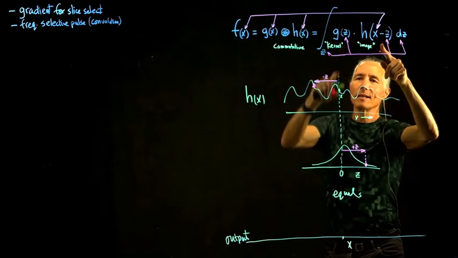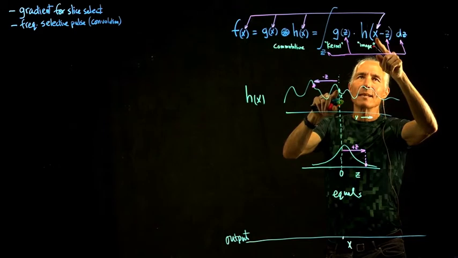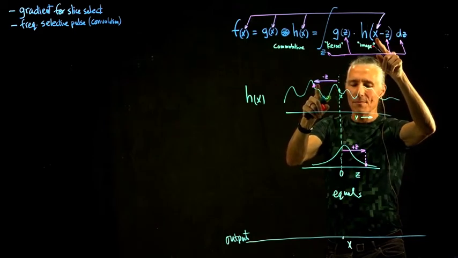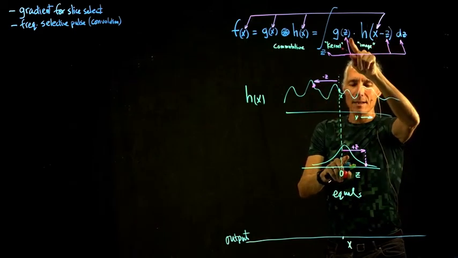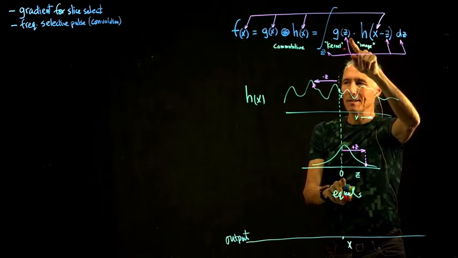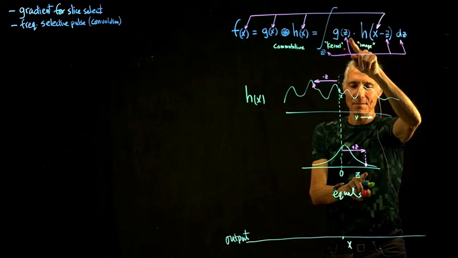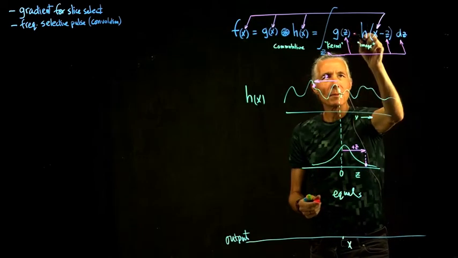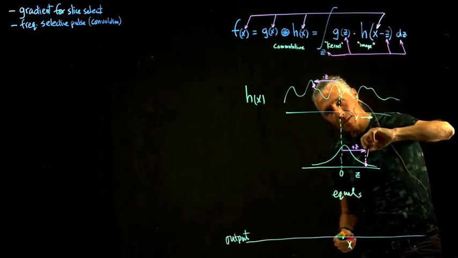We're multiplying whatever the image is at x with z subtracted off, and then we multiply it by whatever the kernel function is at plus z. And then we multiply these two numbers.